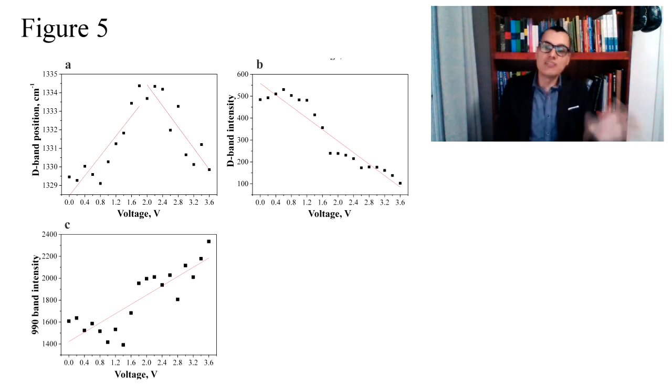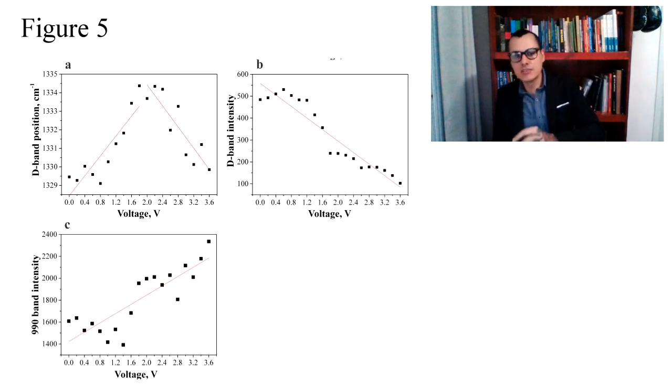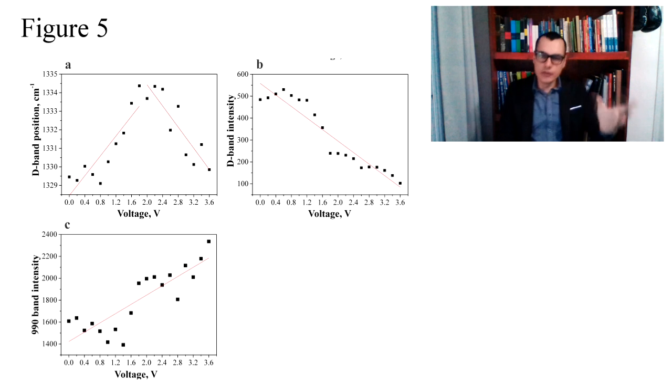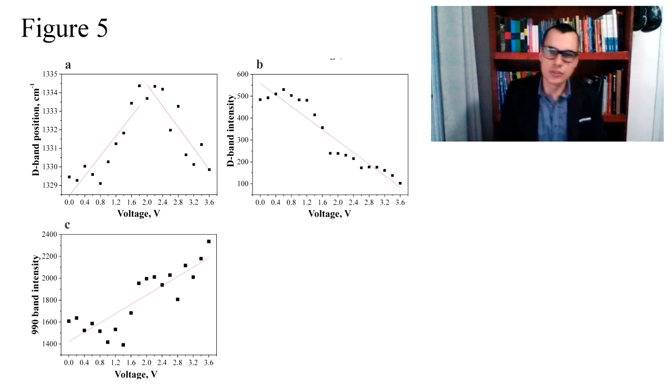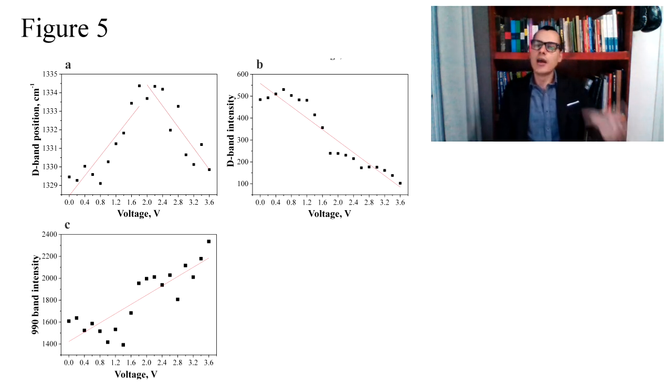In the case of the discharge process, we see that the D band position goes from 1335 centimeters minus 1 to 1329 centimeters minus 1. In other words, going to the initial position, clearly having a reversible shift in the D band position.